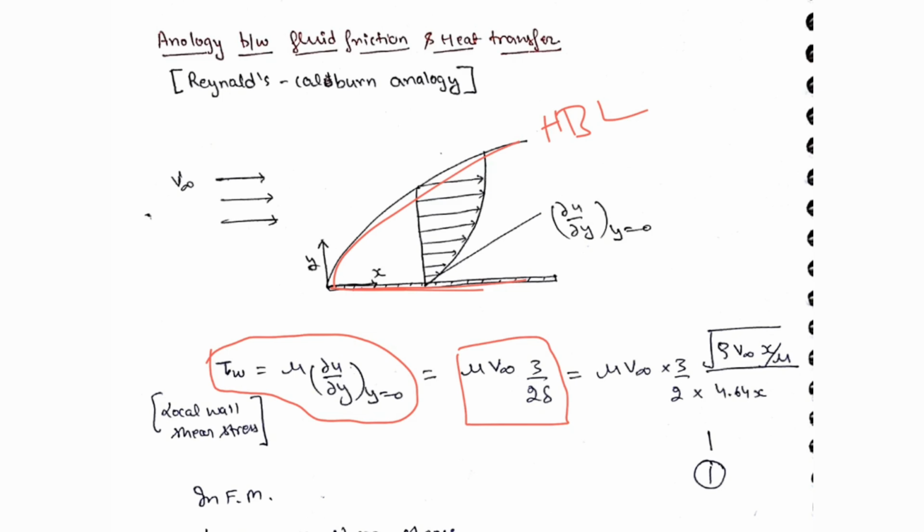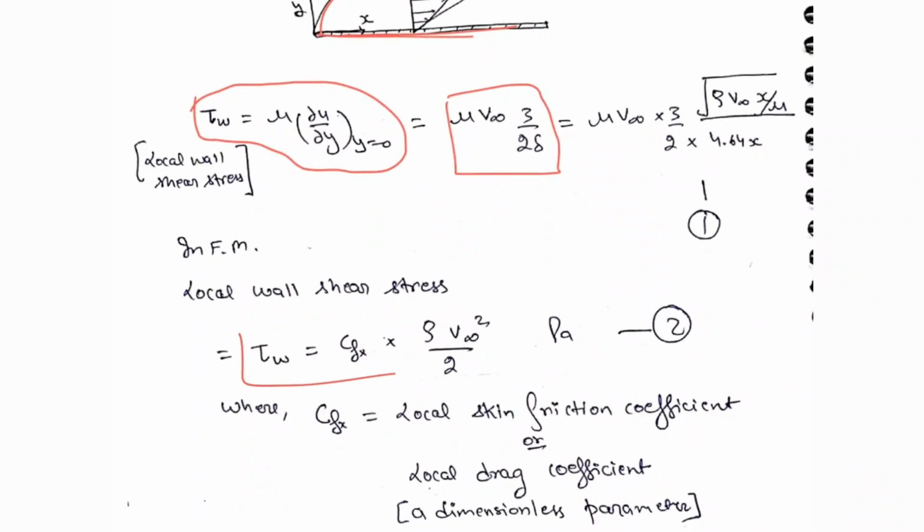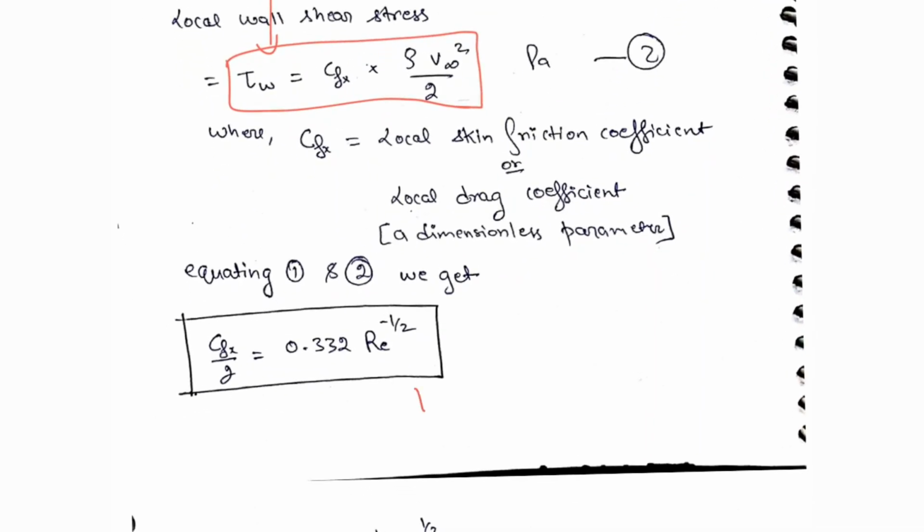Now from fluid mechanics we have the wall shear stress as Cfx by 2 into rho times u infinity squared. These both indicate the same thing, so just equate them and you will get an expression for Cfx. This is very important.